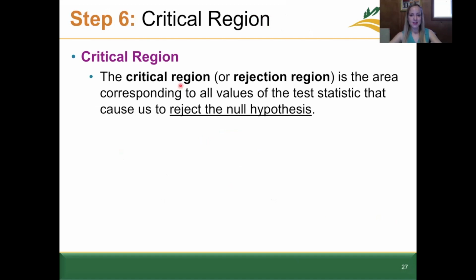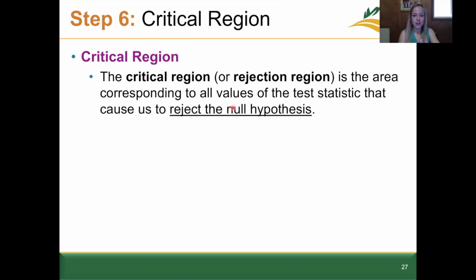So the critical region, which you can also think of as the rejection region, is the area corresponding to all values of the test statistic that cause us to reject the null hypothesis. Okay, so in our distribution, we have a certain part of that distribution where we would accept the null hypothesis.